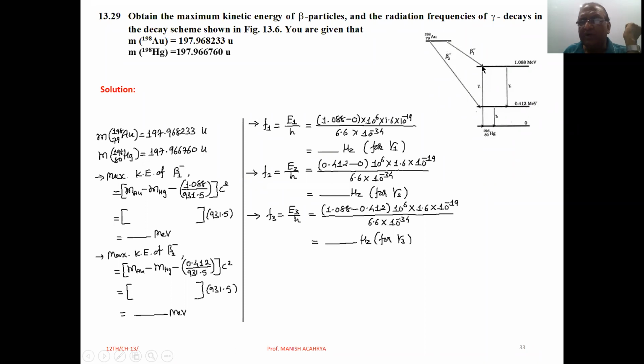Beta minus 1.088 is here, right? This is the ground state, this is the first excited, this one is the second excited state. Okay, so n equal to 1, 2 and 3.